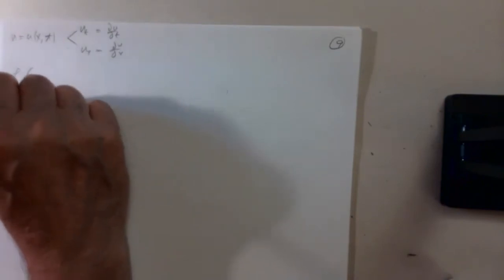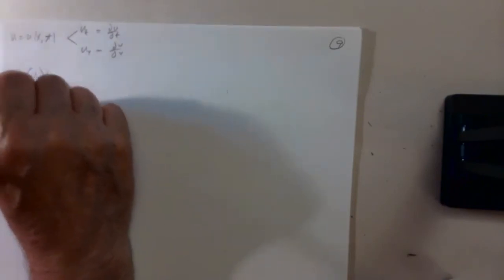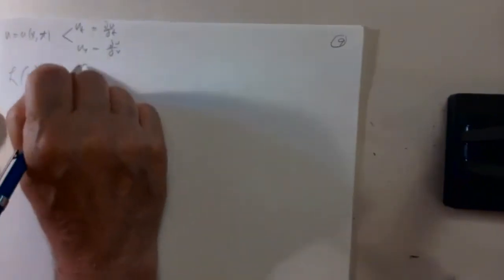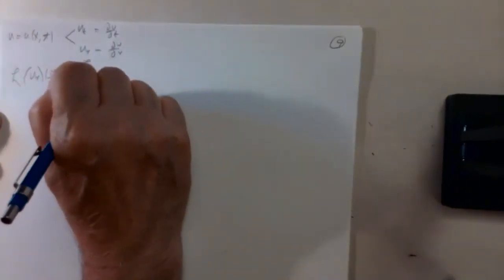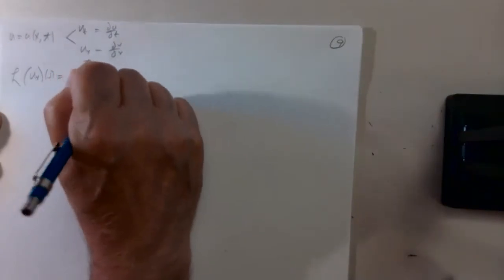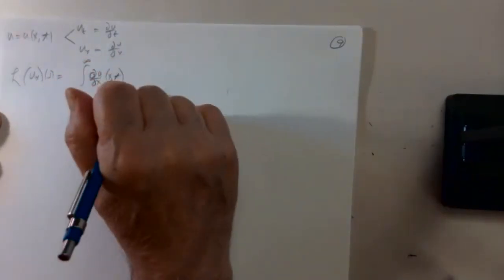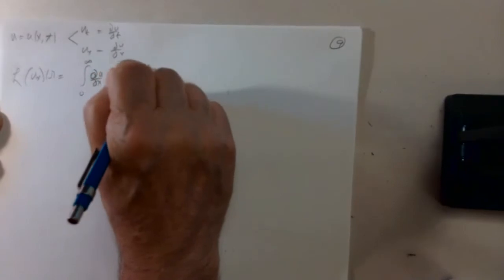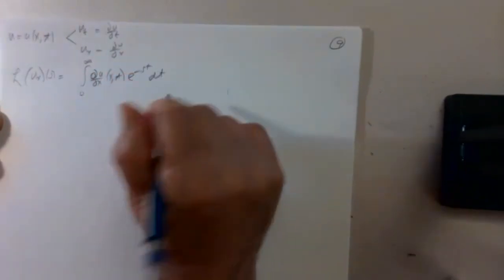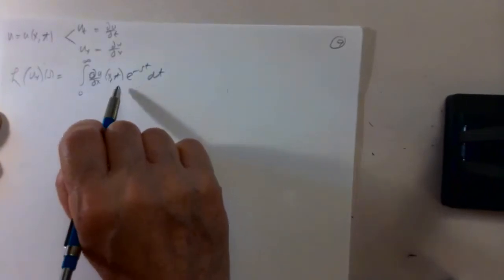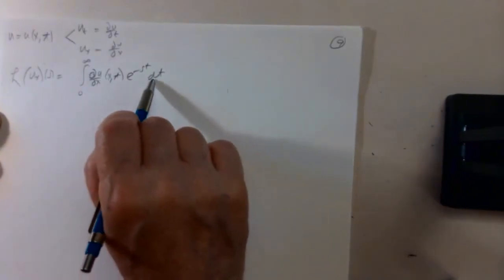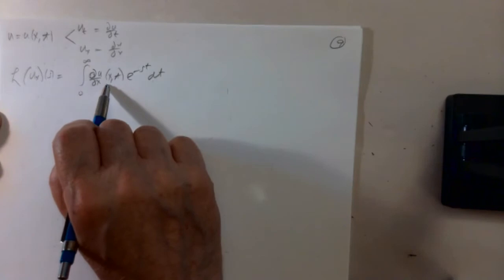So the Laplace transform of u sub x is the integral from 0 to infinity of the partial of u with respect to x of x and t, e to the minus st dt. Now, I'm integrating with respect to t, not with respect to x.